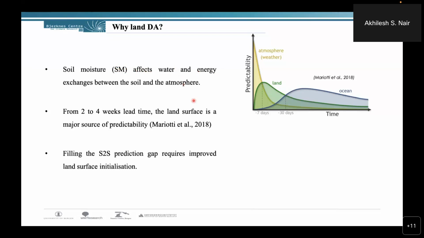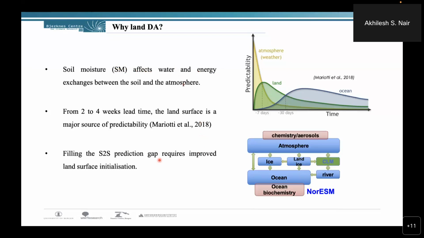To fill this gap in our model with the subseasonal forecast skill, we are trying to develop a land data assimilation in the Norwegian climate prediction model. We have the Norwegian Earth system model, and the land model used in NorESM is CLM. The assimilation for NorCPM is done on a monthly scale with an anomaly-based approach.